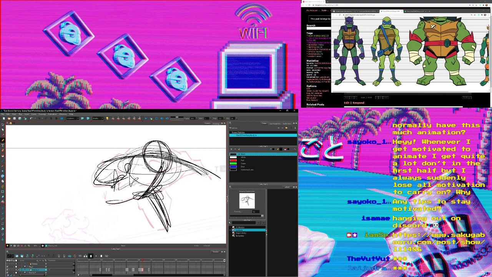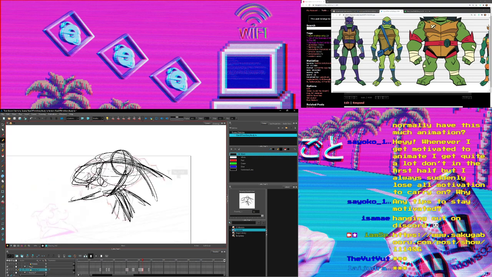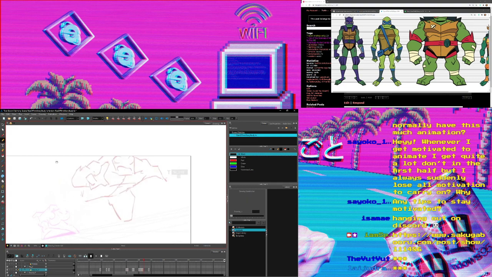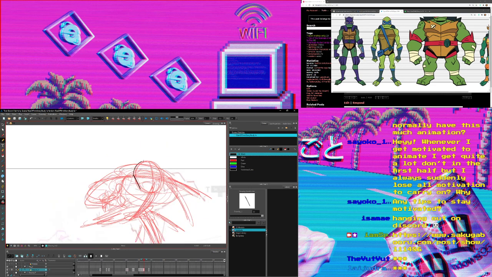You might even try reposing them, maybe the leg was moved in different spots several times before you figured out what would be a very good looking dynamic pose. And of course that's not what actually winds up going into the clarified boards. You take that and then simplify it.